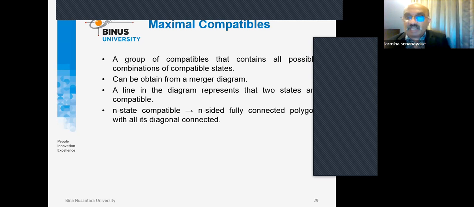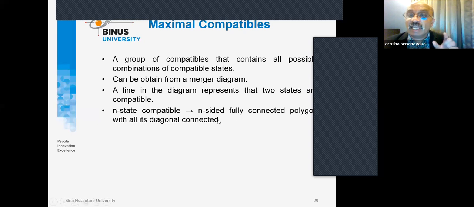A line in the diagram represents that two states are compatible. Importantly, it is not just two states that can be compatible, as with the pairs we got; you can have more than two. If you have more than two, how do you get those n-state compatibles?